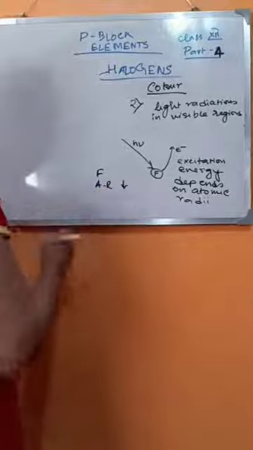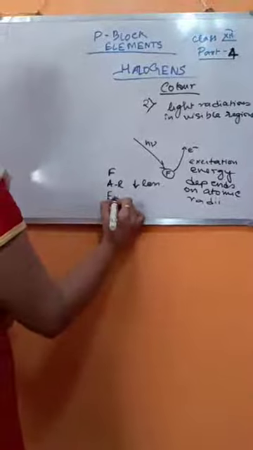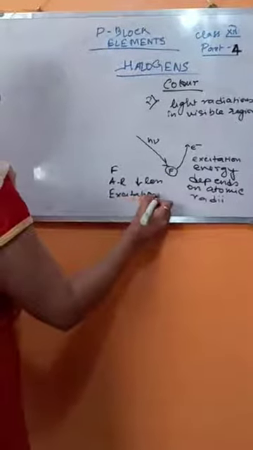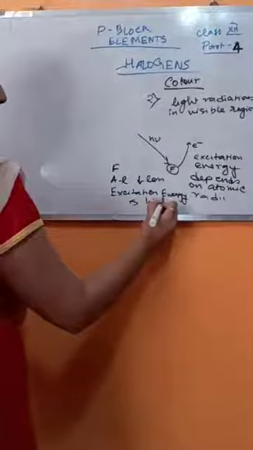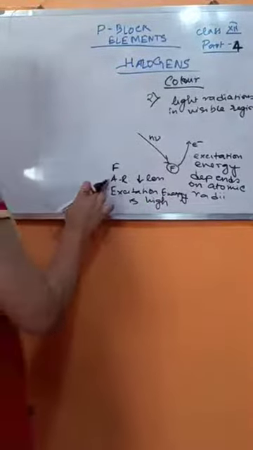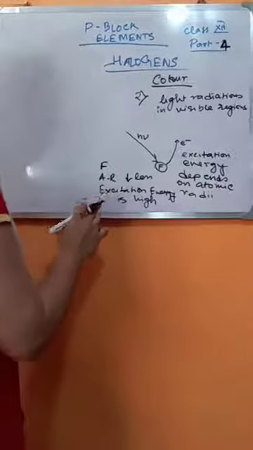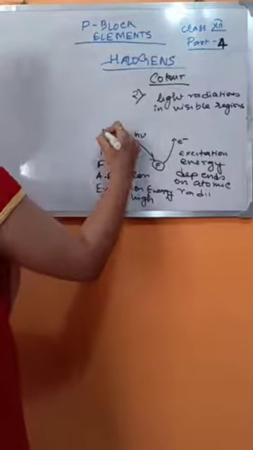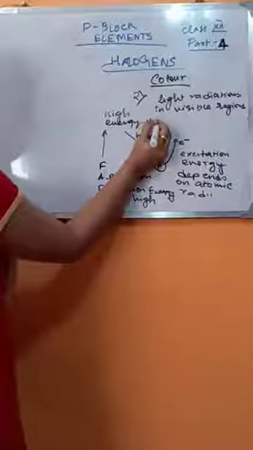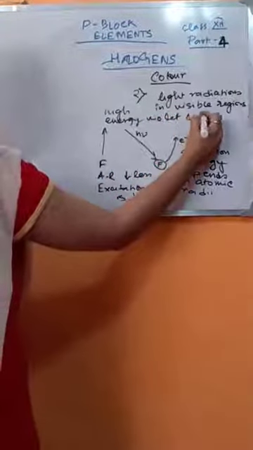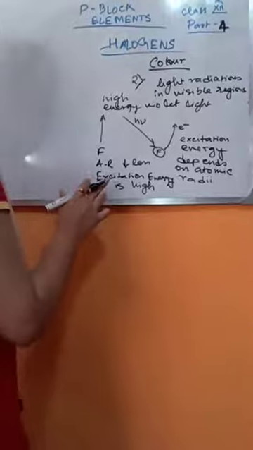For example, for fluorine, the atomic radii is less. So excitation energy is high.